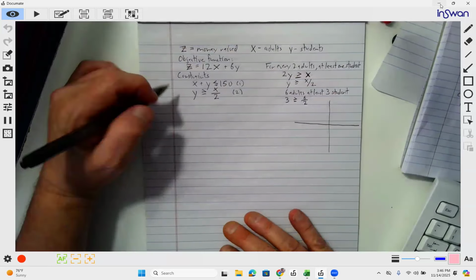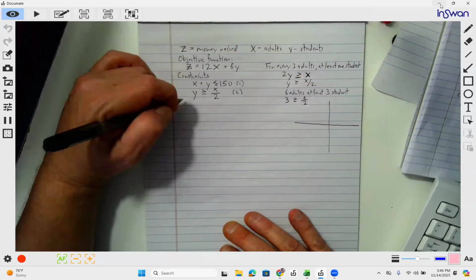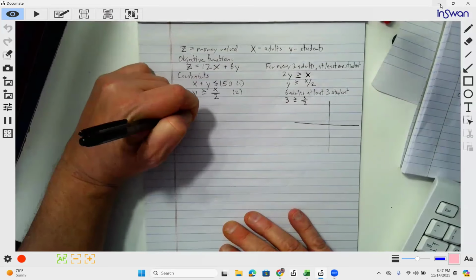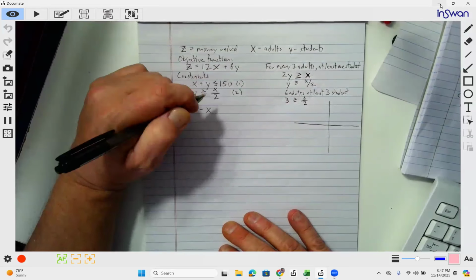So if I graph this, let me just rewrite these. I'm going to rewrite equation 1 in mx plus b form. So that would be y is less than or equal to negative x plus 150.